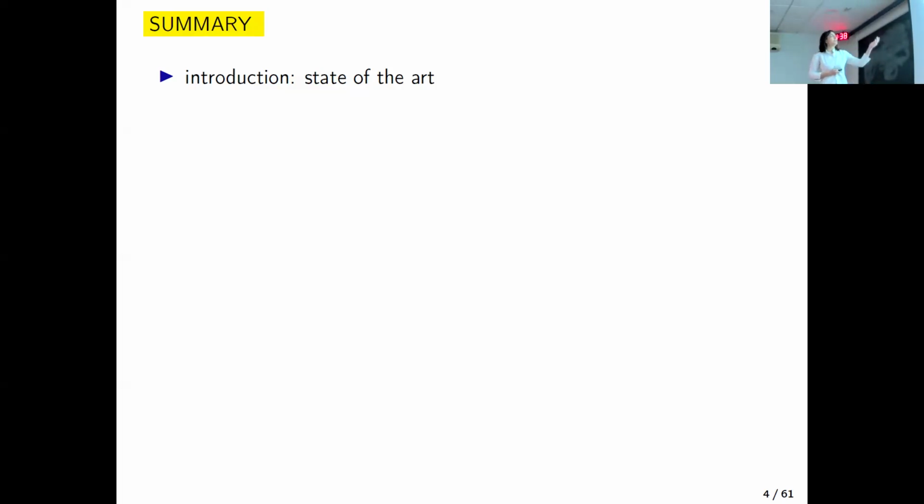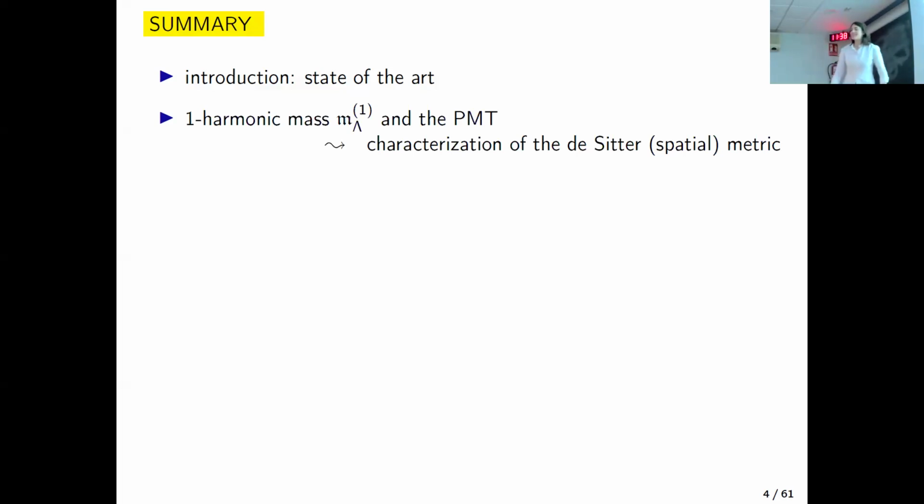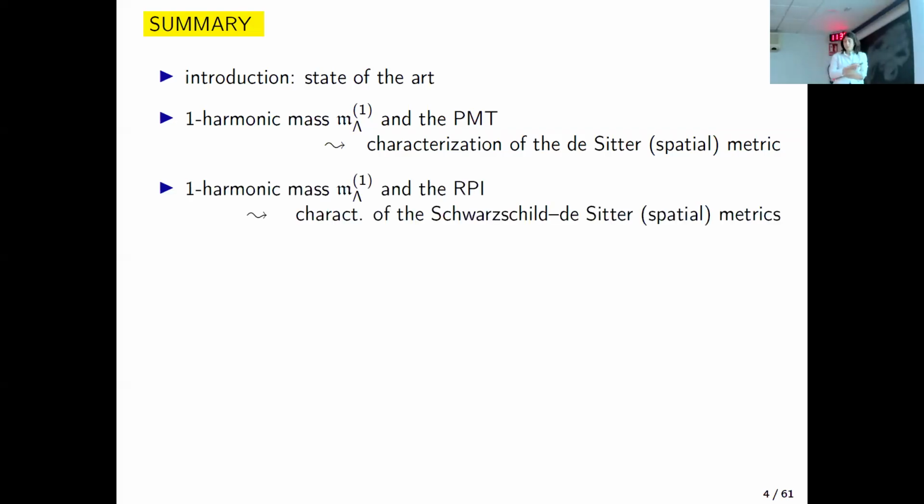I will introduce the very last things that we found in the last weeks. That is what we call the one-harmonic mass in the setting that I was describing, providing a positive mass theorem for this one-harmonic mass. And we have also understood that it satisfies, in a suitable setting, the Riemannian-Penrose inequality.